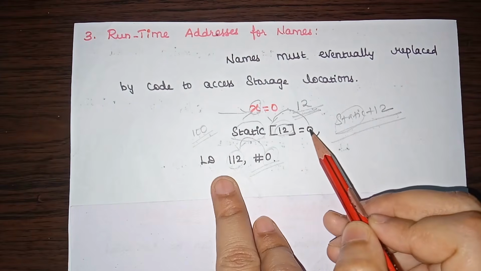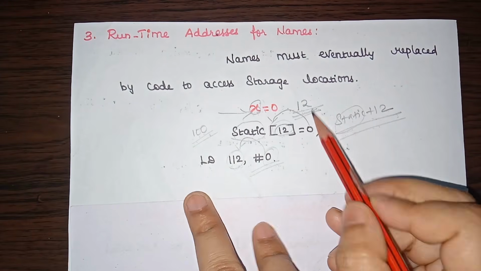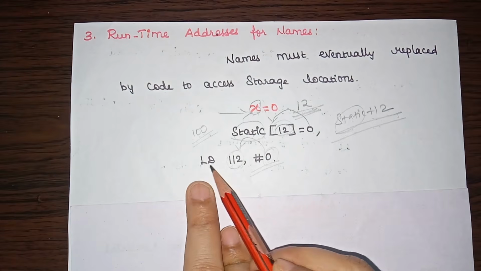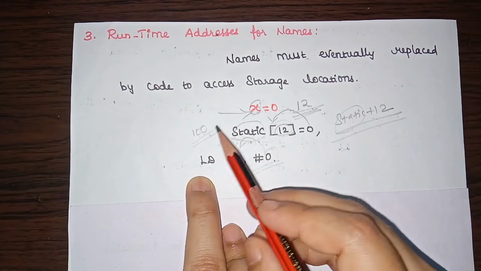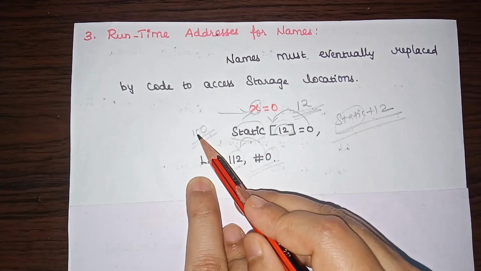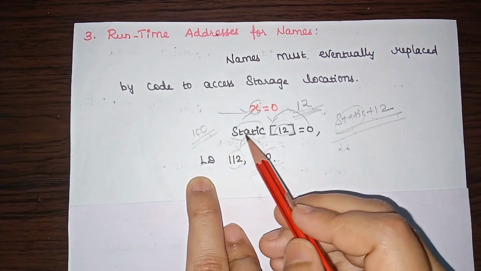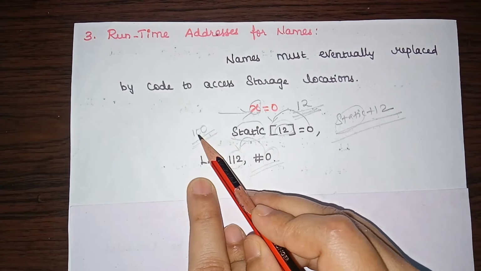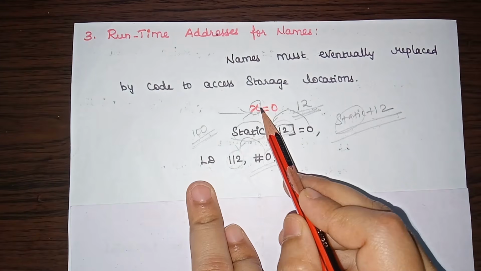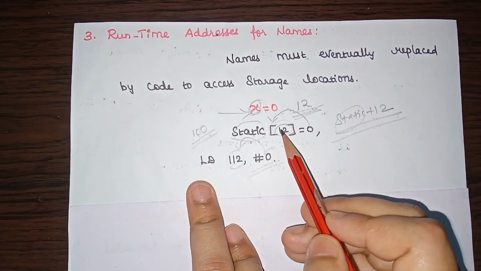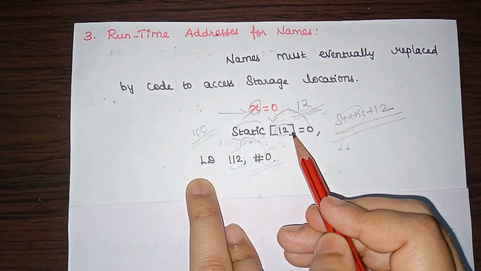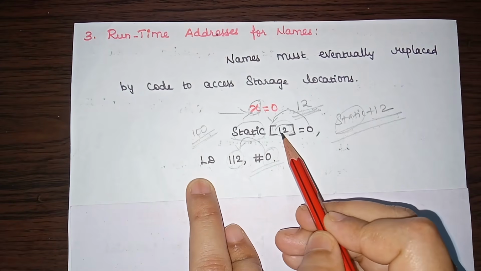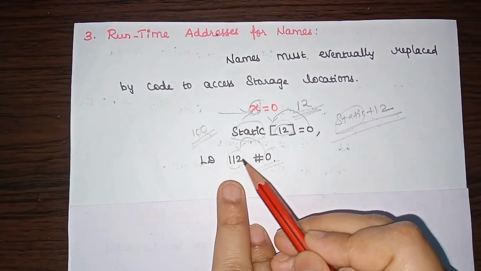And how we can convert this 3 address statement is, we can convert it like this: load. Let us consider that the static address starts at memory location 100. So the static address value is 100 and the literal address of variable x is 12. We can determine the address by adding these two, that is 100 plus 12, which is 112.